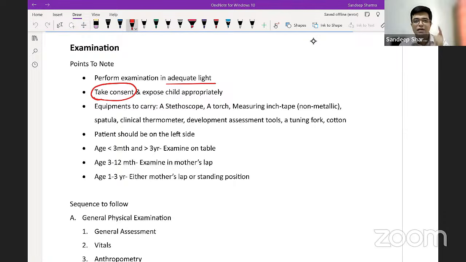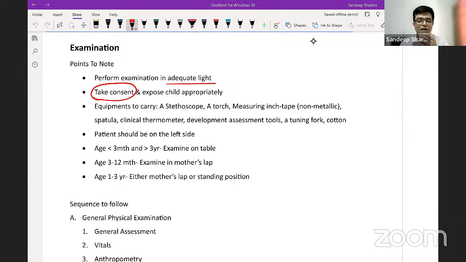It is their child. Take consent, introduce yourself, and tell them that this examination and history is going to benefit them. It is going to benefit us, but tell them it is going to benefit them, because a senior doctor will be coming and your child's treatment will be rechecked, to see whether the child is getting good treatment or not. Parents will be more than happy to help you out.